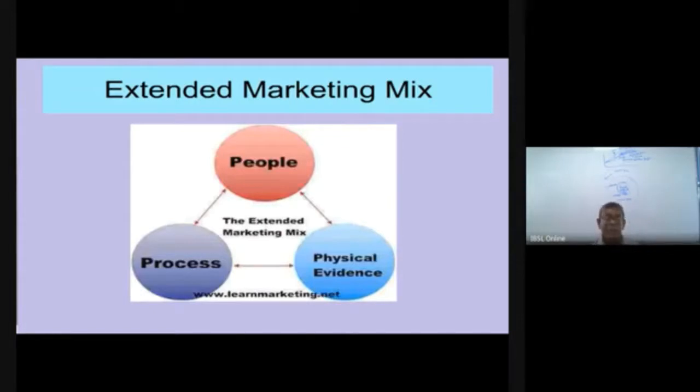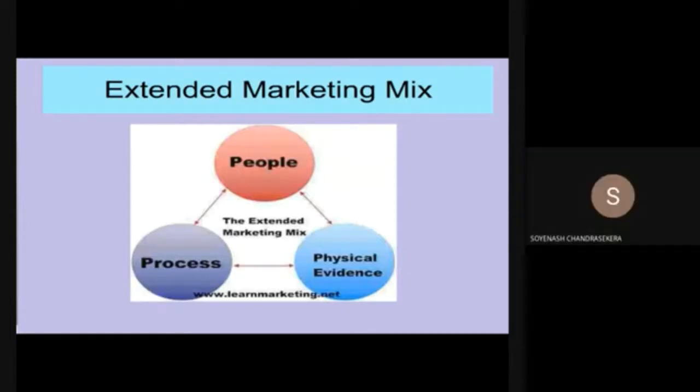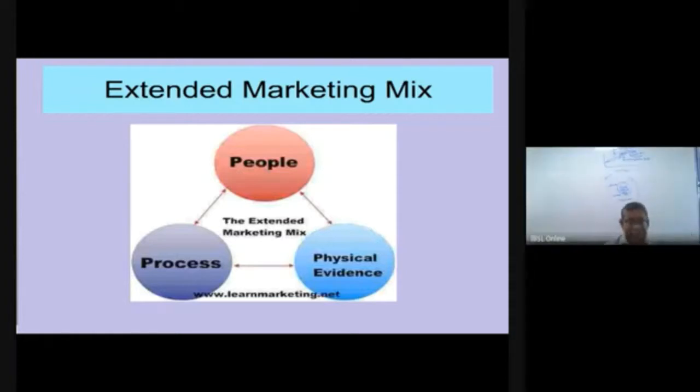These 3 we call extended marketing mix elements. 4P plus 3P altogether for services, especially for banks, we have an extended marketing mix, so altogether we call them 7Ps. Clear? Now different people talk about adding more, but these are the accepted 7Ps. What are the 7Ps? Price.